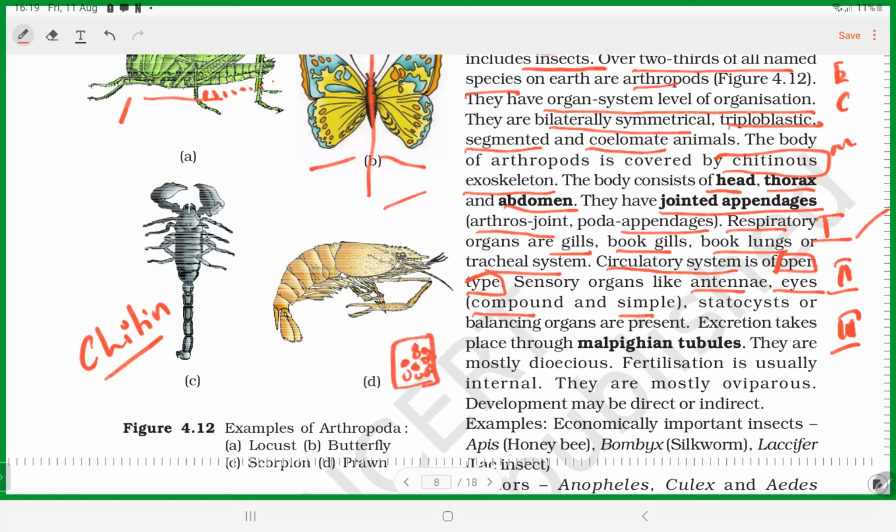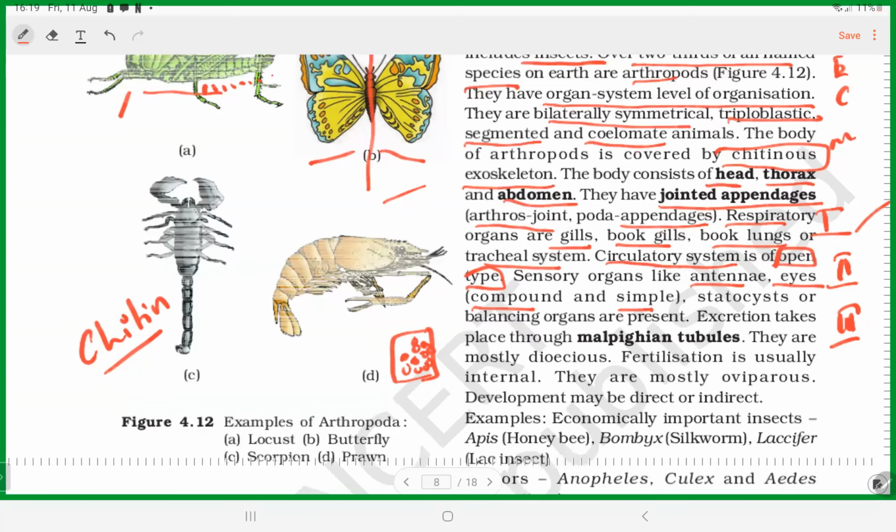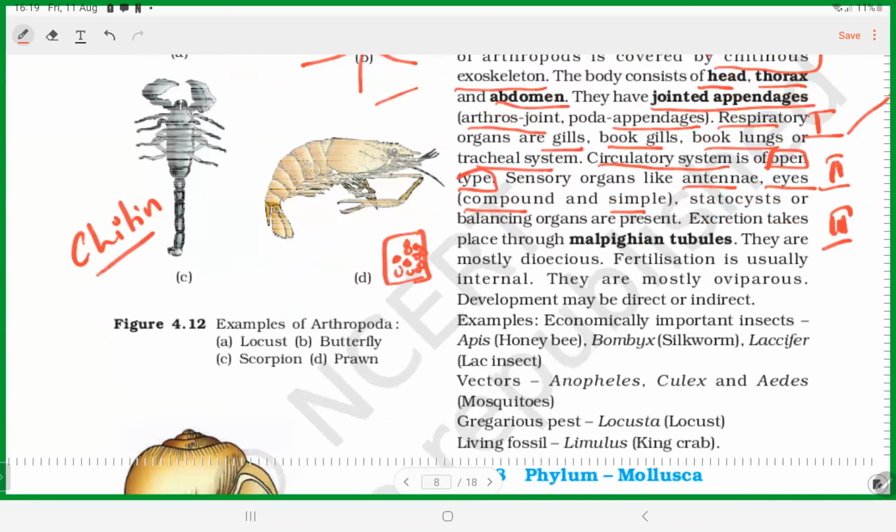That's a compound eye. And here they have simple eyes only. Coming to the excretory system, they have Malpighian tubules.